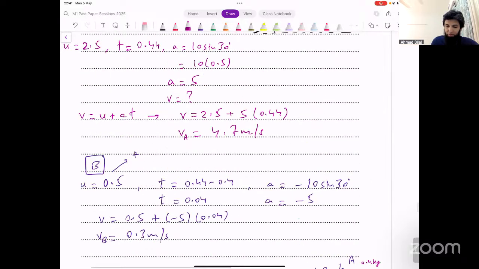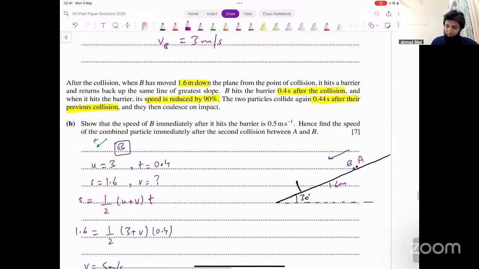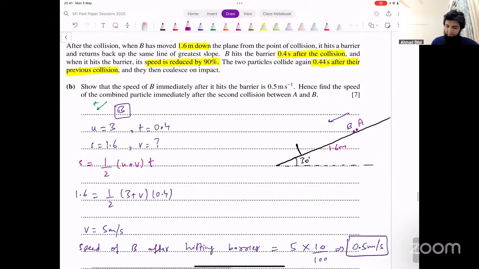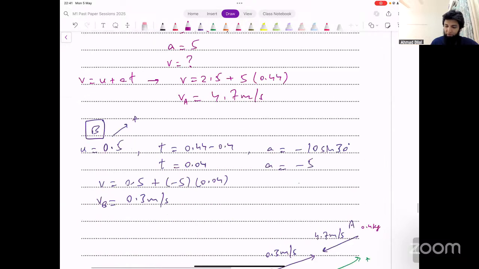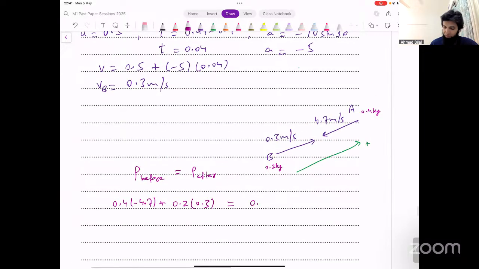After collision, the particles coalesce, and we have to find the speed of that coalesced particle. The total mass is going to be 0.6 into Vc. And that's going to give us the value for Vc. You can see what that turns out to be. What's this value? Minus 3.03. And the negative sign is telling us that it's moving in the downward direction.